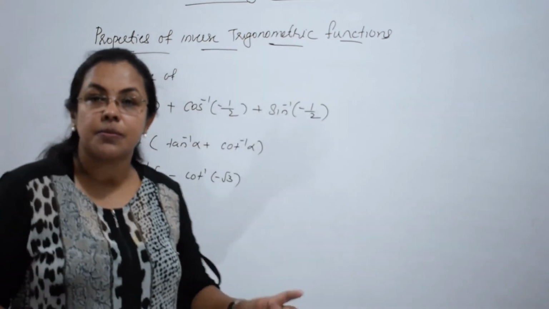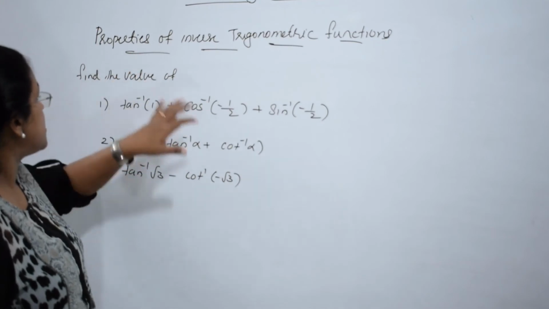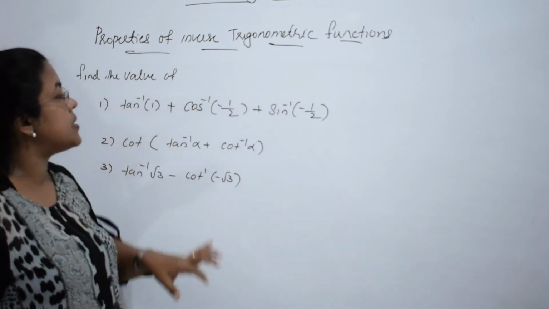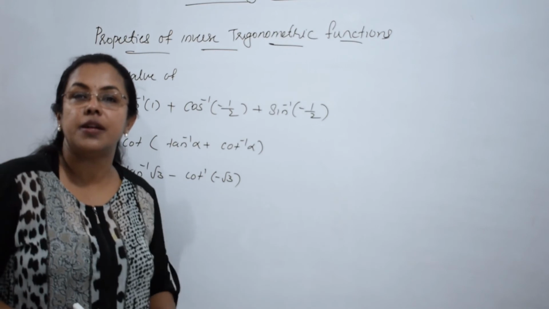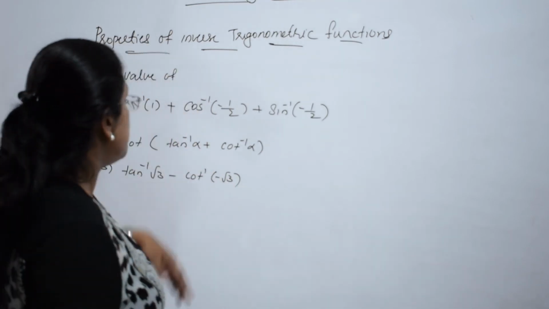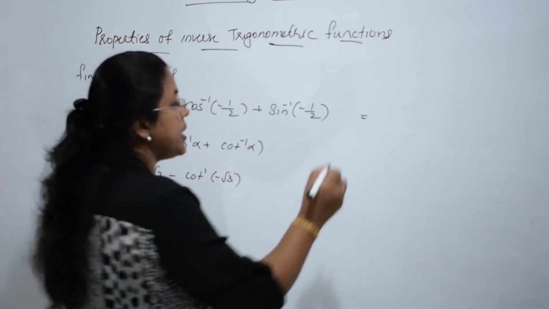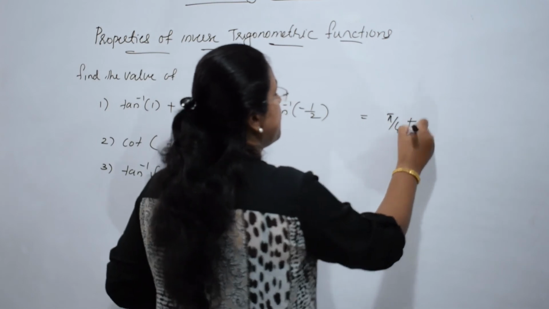Okay, we will practice some questions related to the properties of inverse trigonometric functions. First, find the value of tan inverse 1 plus cos inverse minus half plus sin inverse minus half. We can solve it in any way. First, tan inverse 1 is pi by 4.